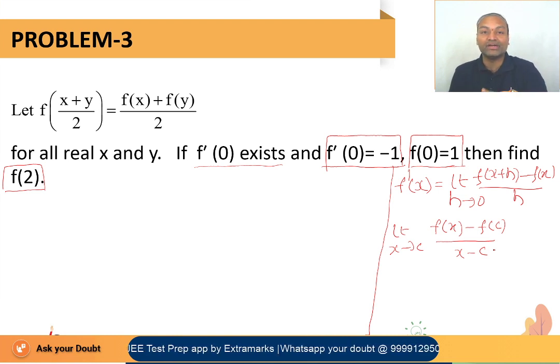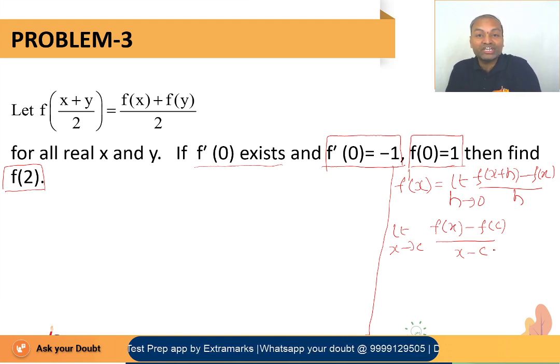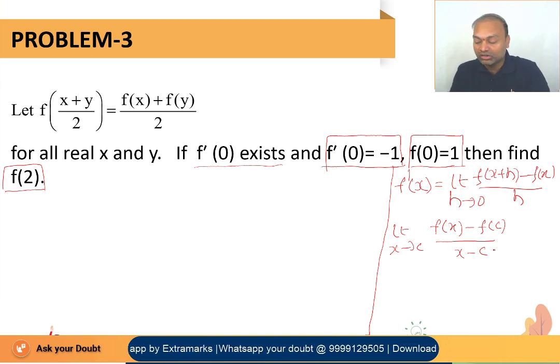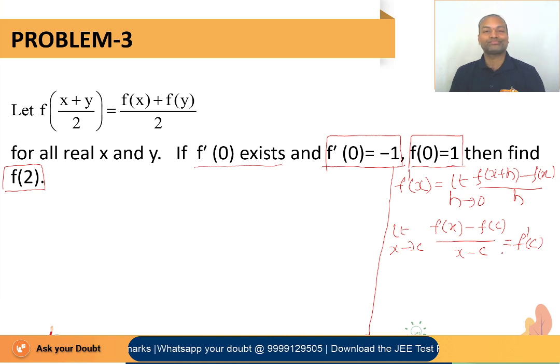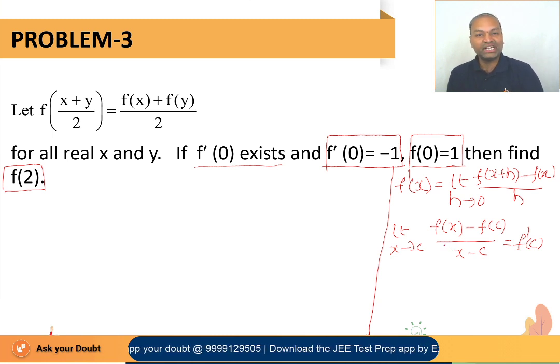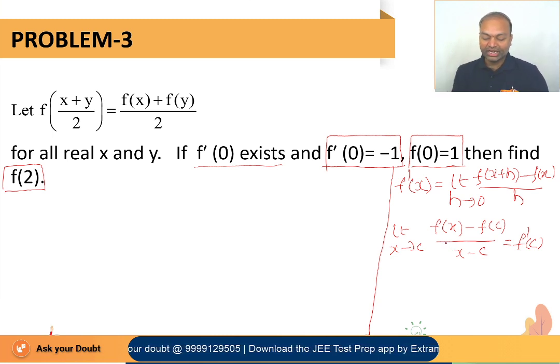Then the function is said to be differentiable and it is denoted by f dash of c. This is the first principle formula. This one is also the derivative formula. See here, in this problem we will use these two formulas. Understood?